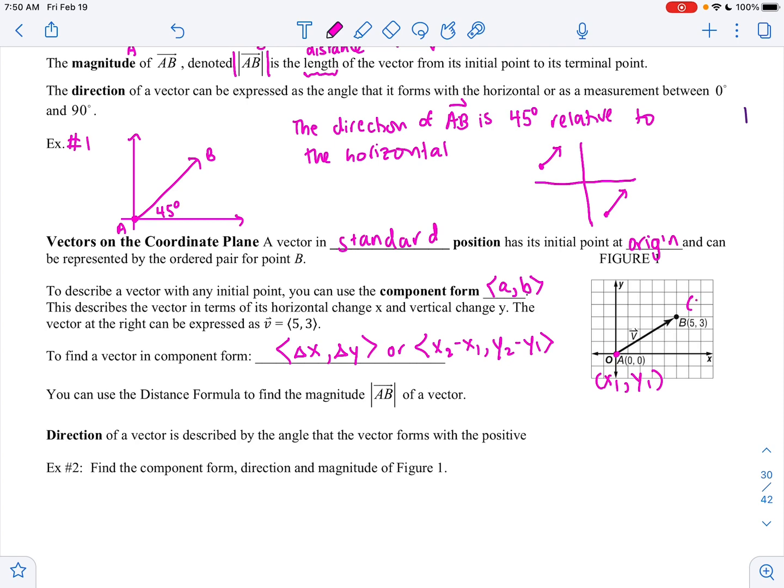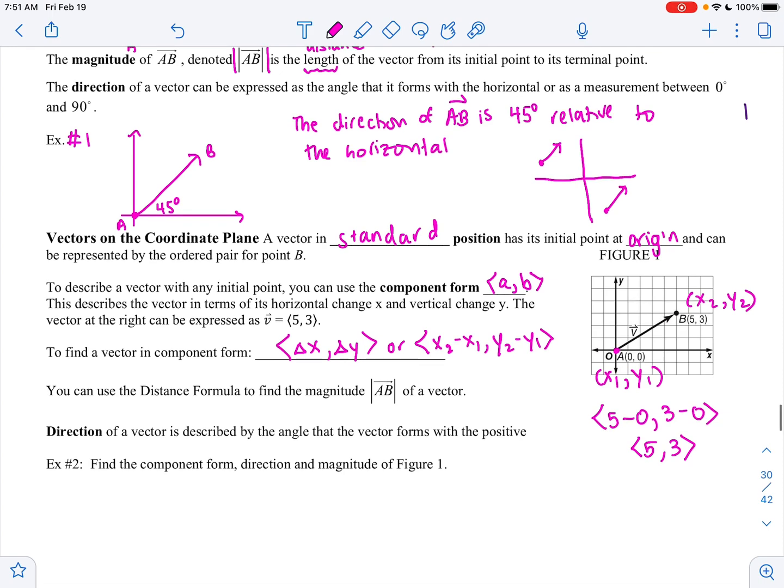And this is x2, y2. So the component form of vector AB that we see in figure 1 would be 5 minus 0, comma 3 minus 0. And that would simplify to be <5, 3> in component form.